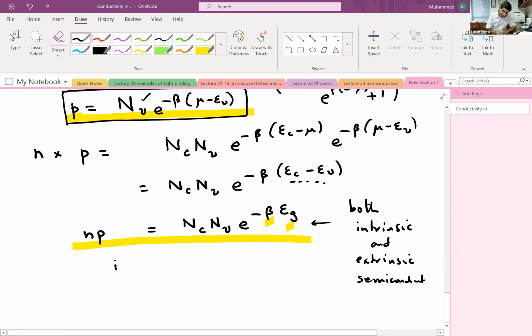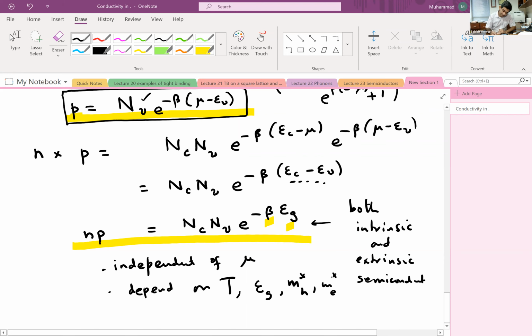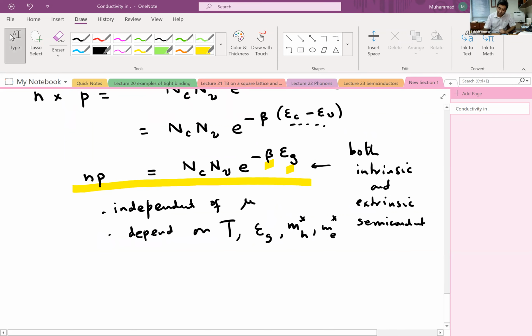It's independent of the chemical potential, and it depends upon temperature, the band gap, and mh star and me star. All right. So this relationship here is called the law of mass action.